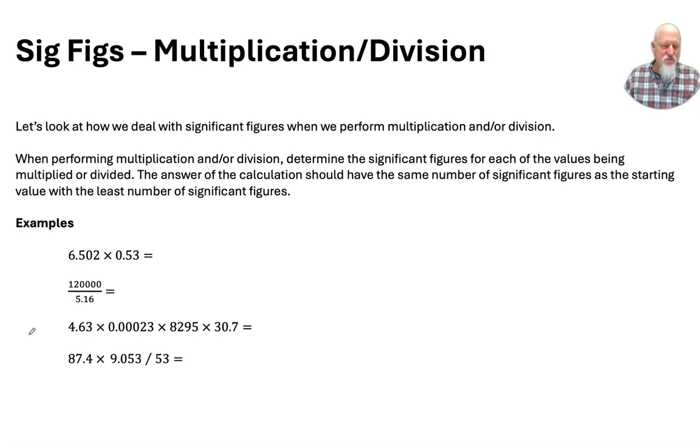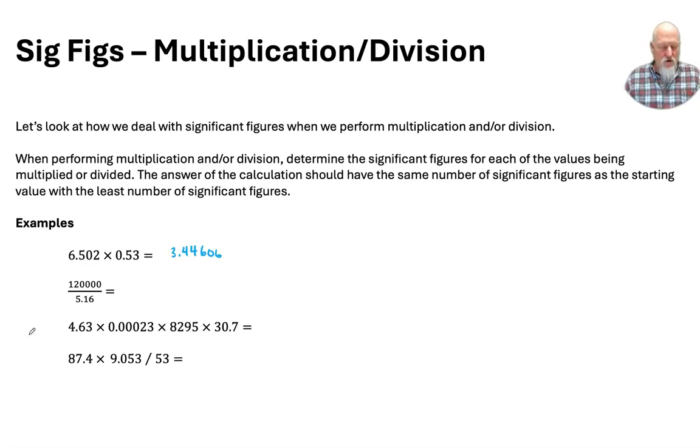So we've got 6.502 times 0.53. Okay, if I do that math, grabbing my calculator here, 6.502 times 0.53, I get 3.44606.